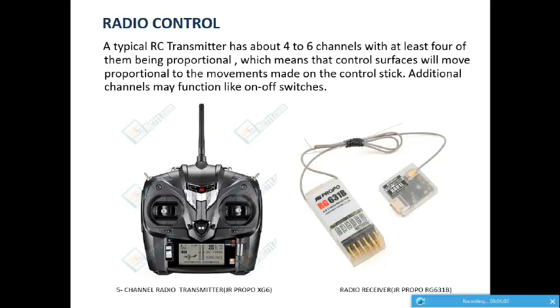So radio control. Before flying an aircraft model, what you need to have brief knowledge about is radio control. So this is a radio control which we have used in our labs, and this is a receiver corresponding to this transmitter. It's RJ631B.